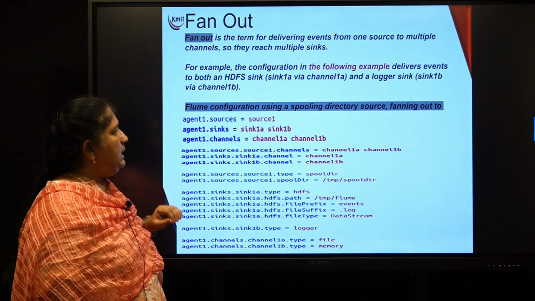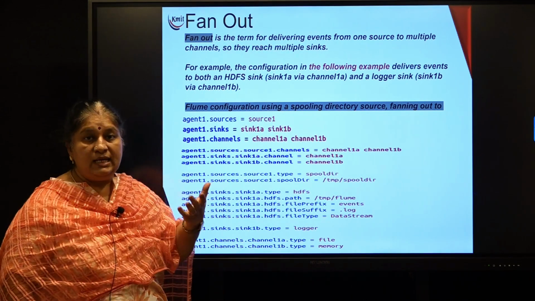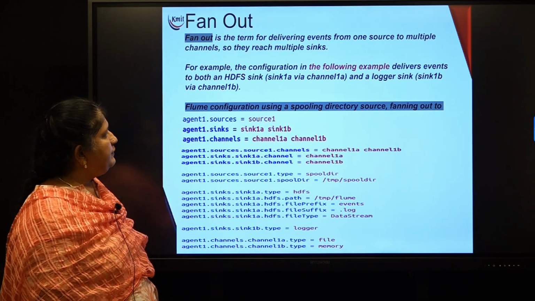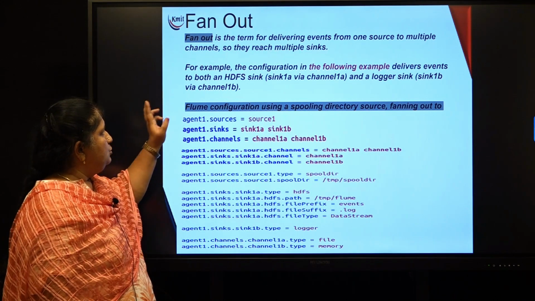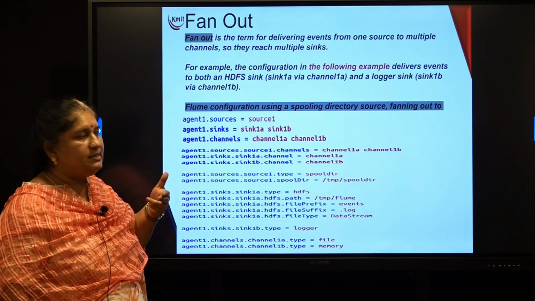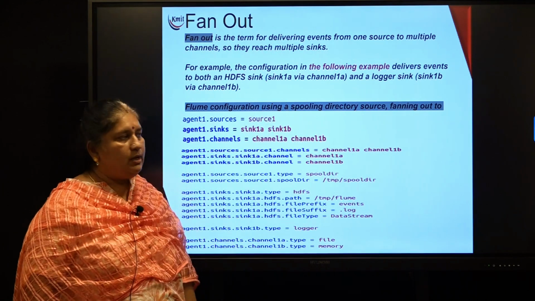For example, I have multiple sinks and this is the scenario. The configuration in the following example delivers all the events to two sinks. One sink is an HDFS sink, the other one is a logger sink.